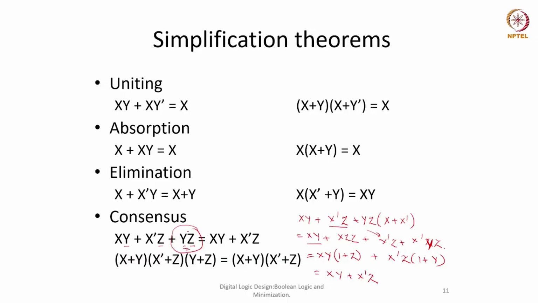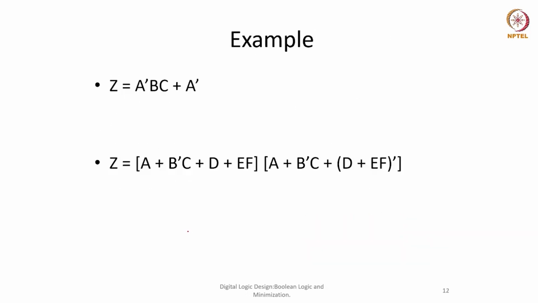Okay, now let's take a couple of examples to see whether we can use these theorems to simplify things. Let's take this example, z is equal to a dash b c plus a dash. We see that this a dash is a common part, and I can see this as one entity.